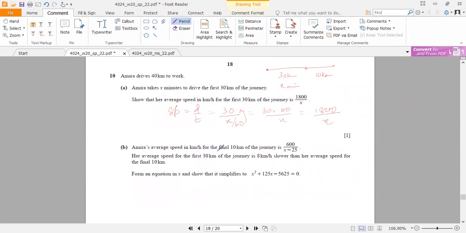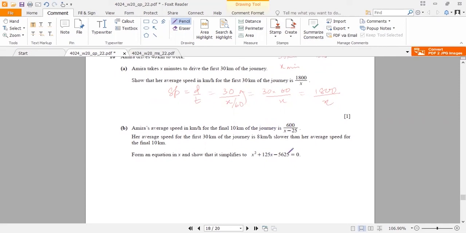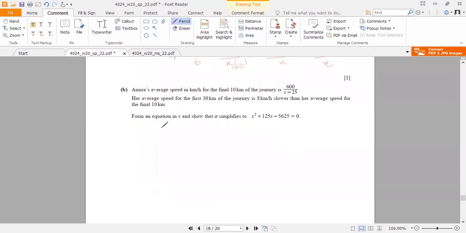Amira's average speed in kilometers per hour for the final 10 kilometers of the journey is 600 upon x minus 25. It means that for the distance of 10 kilometers, the speed is 600 upon x minus 25. Her average speed for the first 30 kilometers is 8 kilometers per hour slower.